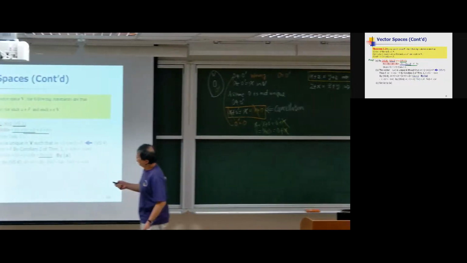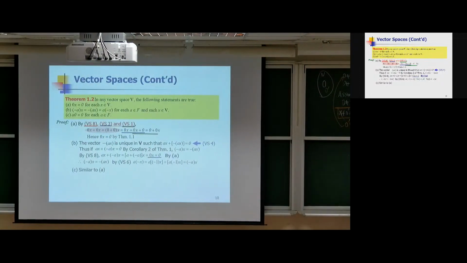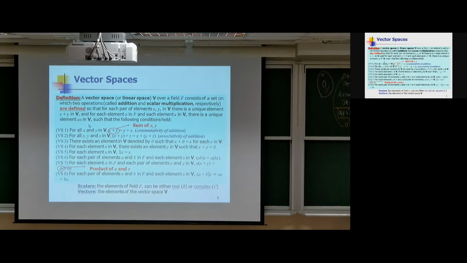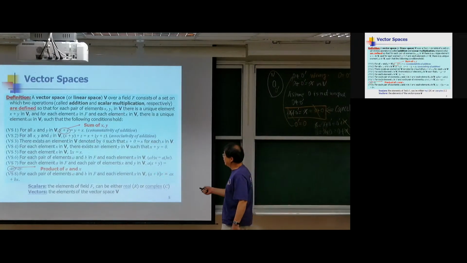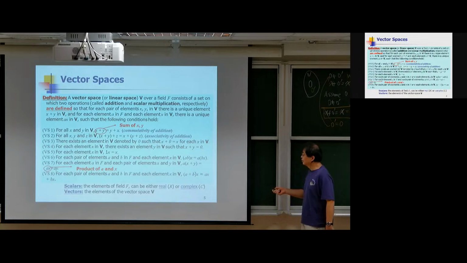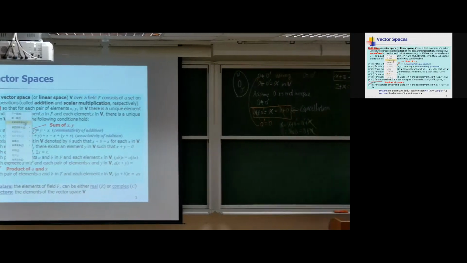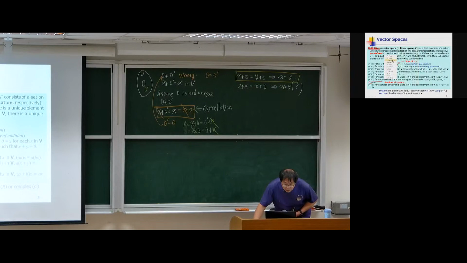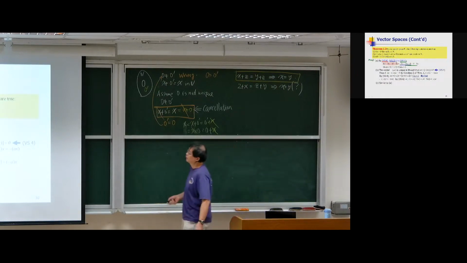VS8 says that, let's go back to VS8. VS8 says that (a plus b)x, two scalars, we have the addition first, and then do the scalar multiplication on this vector, will be equal to ax plus bx. So now, we can apply this property.